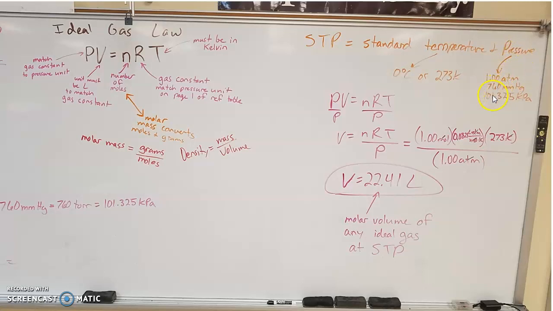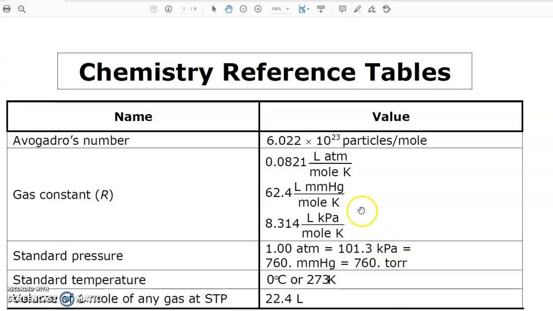And remember, there's a lot of different units that 1 atmosphere can be expressed in, whether it's 1 atmosphere, 760 millimeters of mercury, or 101.325 kPas. If you ever forget what that is, it's also on page 1 of your reference table. See, here's standard temperature, 0 degrees Celsius or 273 K. And here's standard pressure, 1 atmosphere equals 101.3 kPas equals 760 millimeters of mercury equals 760 torr.